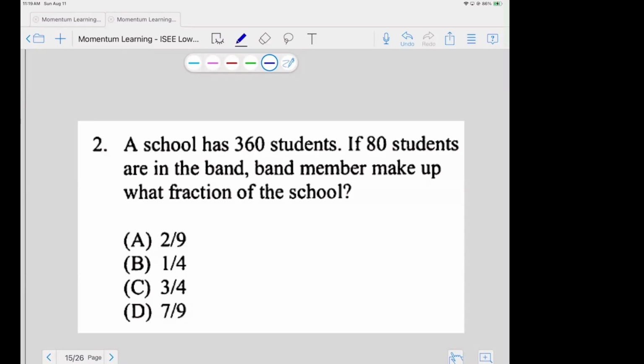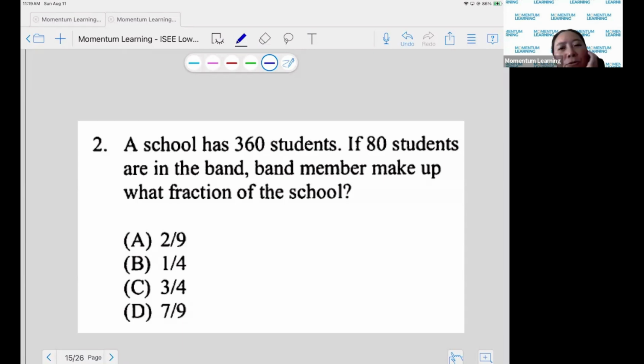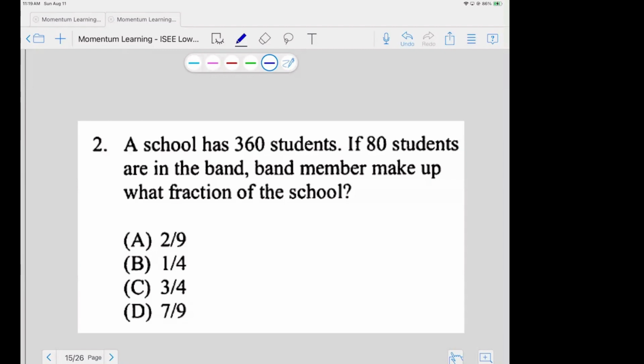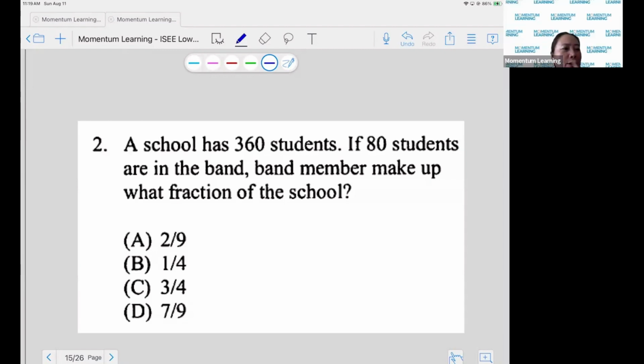So if there are 4 80s in 360, there's only 1/4 of the students. Okay, what division did you do? 360 divided by 80. 80 is not 4.